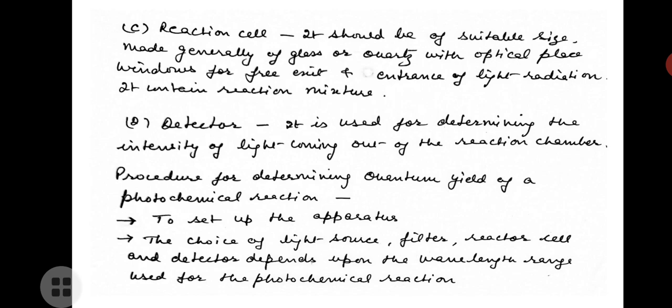Now let us study the procedure for determining quantum yield of a photochemical reaction. So first, we set up the apparatus as shown in the figure previously. Next comes the choice of light source, filter, reactor cell and detector, which depends upon the wavelength range used for the photochemical reaction.